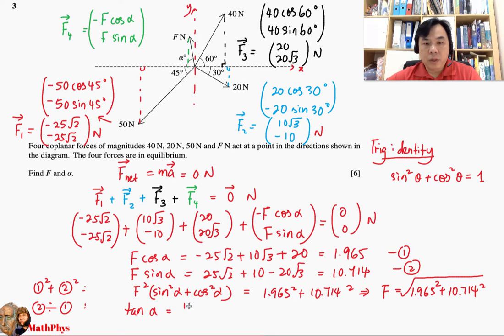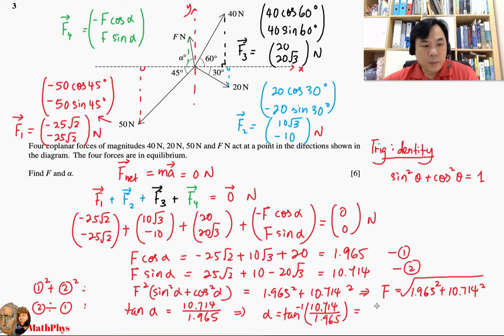So tangent alpha is 10.714 divided by 1.965 there. And then from here, we will be able to obtain its angle alpha by taking the inverse tangent here. Okay, based on my calculated value, it should be 79.6 there.